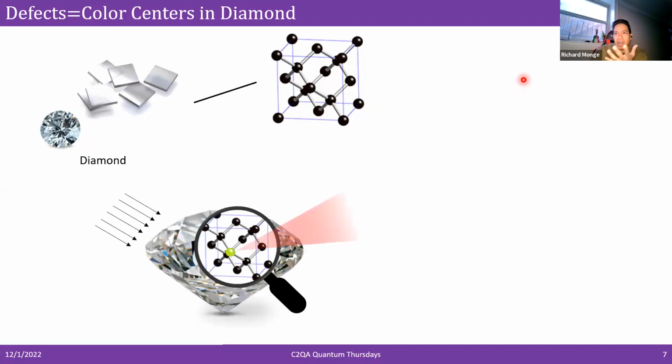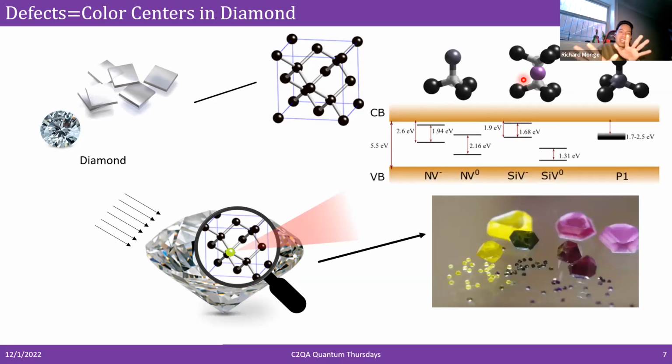So these defects give rise to special localized electronic states that allow for the absorption and emission of light at specific wavelengths, which gives diamond the beautiful color. Hence also the name for these defects are color centers. Depending on the sort of defect, you get some particular color, either be it vacancies, nitrogens, silicon atoms, boron, etc.